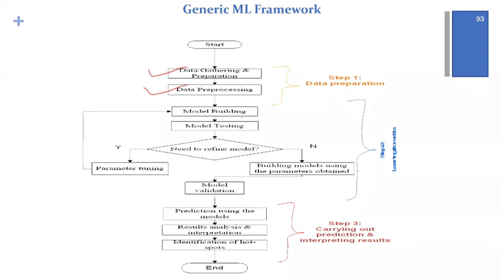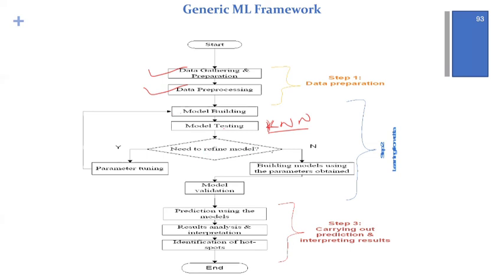Now we move to model building. This is where you need to start by building a simple model. Start from a very simple one. This is my friend, K-nearest neighbor. Tell me your friend, I'll tell you the kind of person you are. If I know your neighbor, I can predict if you're a good person or not. Start from a simple model, then build the model, test the model, check: is it okay?